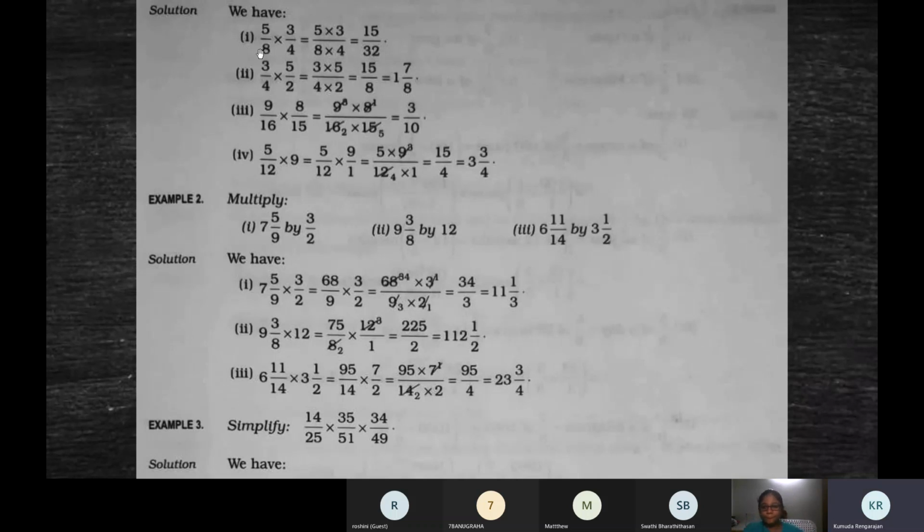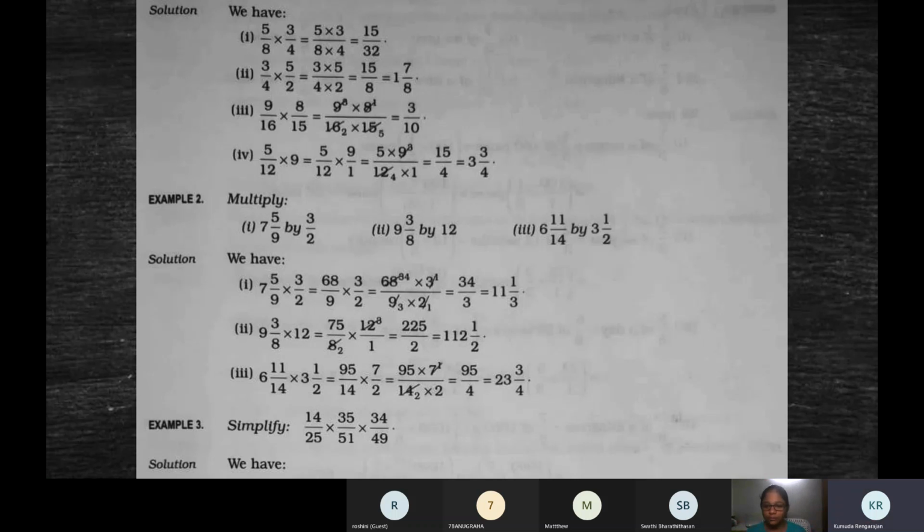See the first one, children. How do we multiply 5 by 8 and 3 by 4? The first thing is, are they like fractions? No, ma'am, they are unlike fractions. But that's okay. When we have to add fractions, they may be like or unlike. You can multiply like fractions as well as unlike fractions. If the fractions are unlike, you don't have to convert them to like fractions.